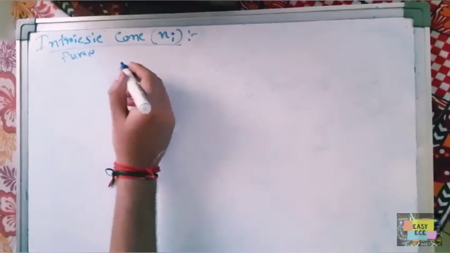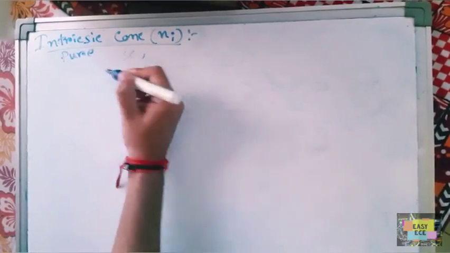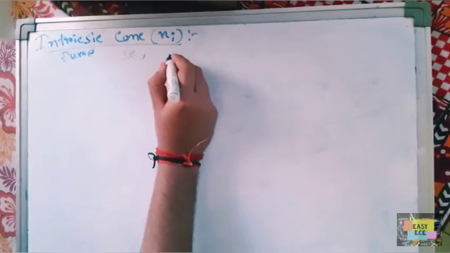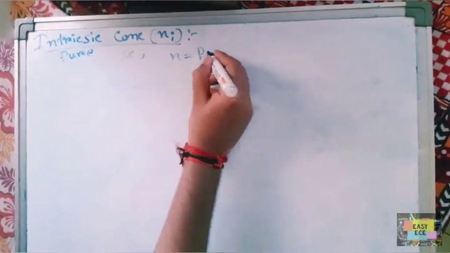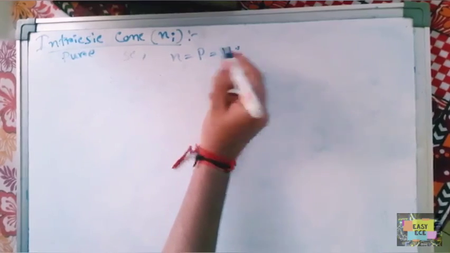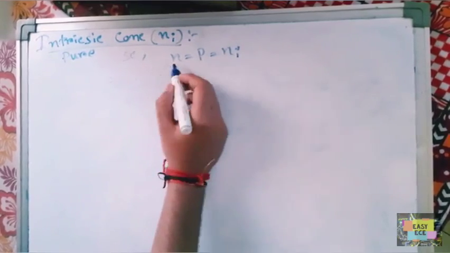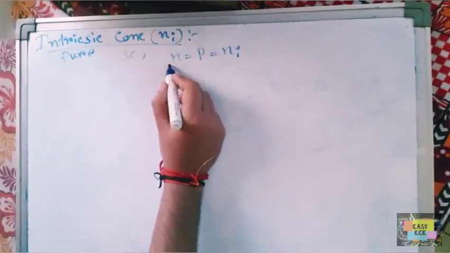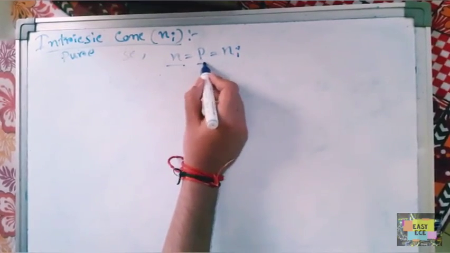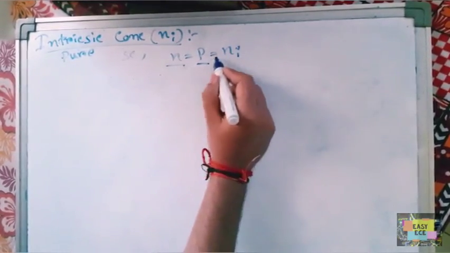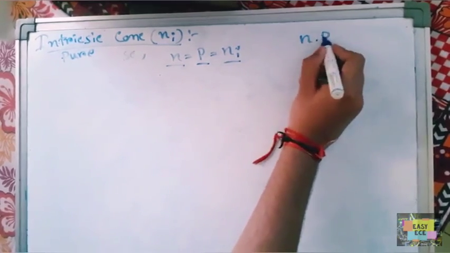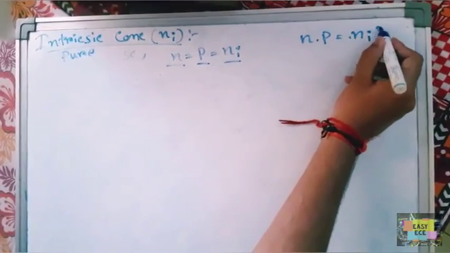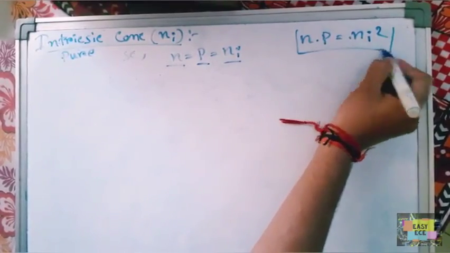In a pure semiconductor, we already know from the mass action law that n equals p equals Ni. In a pure semiconductor the concentration of electrons equals the concentration of holes, and that is Ni. So that's why we apply n into p equals Ni square in the mass action law.